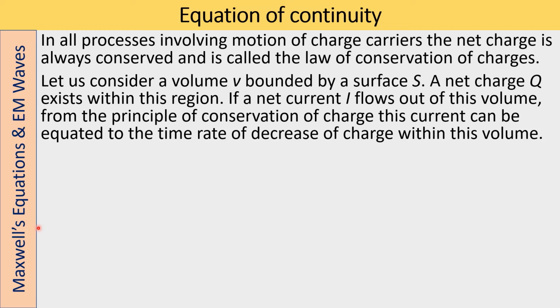A net charge Q exists within this region. If a net current I flows out of this volume, from the principle of conservation of charge, this current can be equated to the time rate of decrease of charge within this volume. That is, I is equal to minus dq by dt.